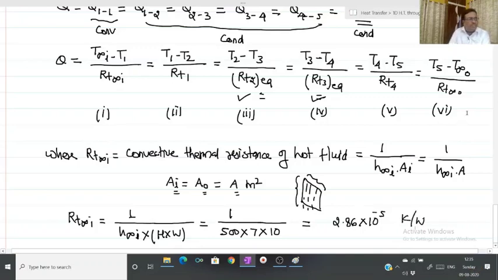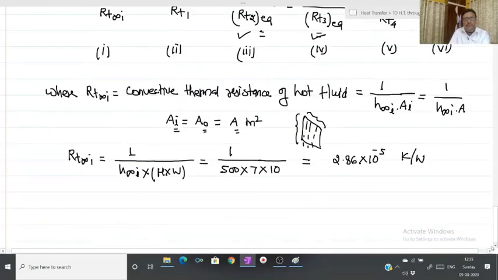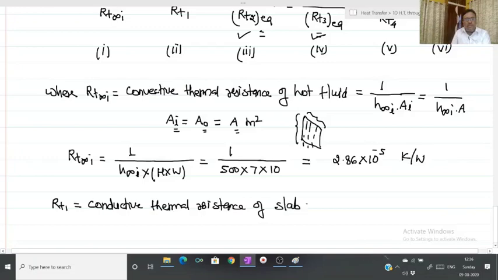Please check the calculations. Now similarly, RT1 is nothing but the conductive thermal resistance of slab 1, and I know the conductive thermal resistance is L over KA. So for slab 1 it will be L1 over K1A.